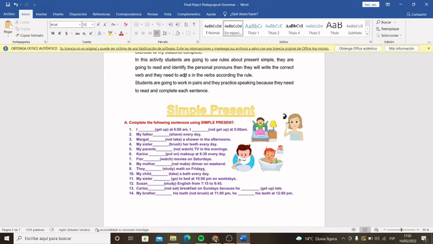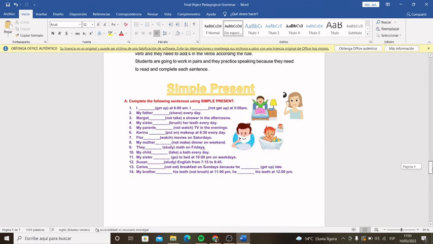For example, student 1 reads sentence number 1, student 2 reads sentence number 2, student 3 reads sentence number 3, and they are going to complete with the correct verb. They need to remember the rule that we most applied in the present simple. In this case, it is the letter S.